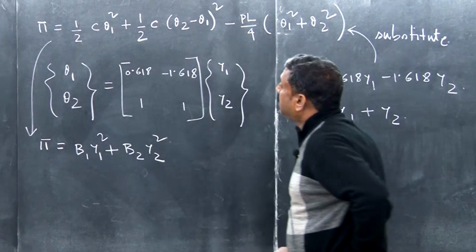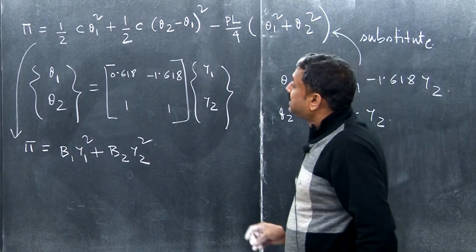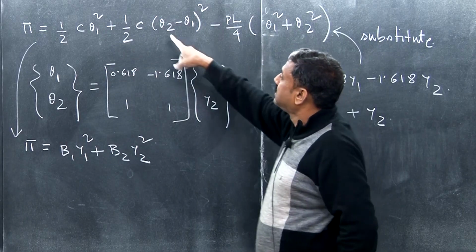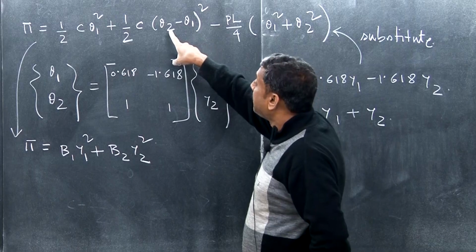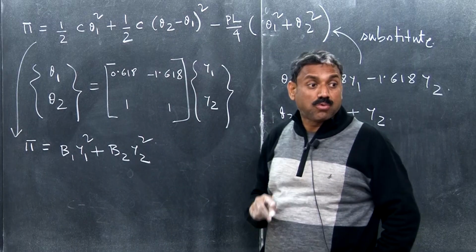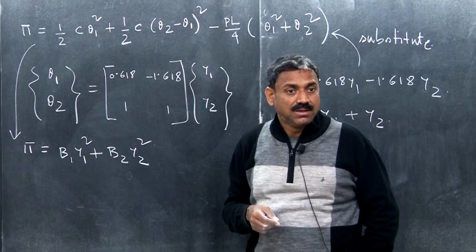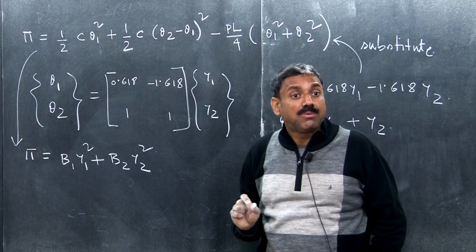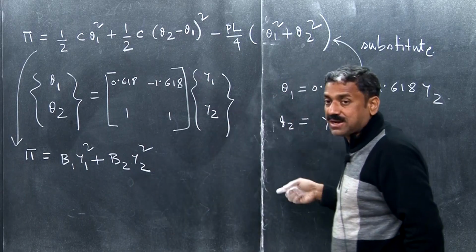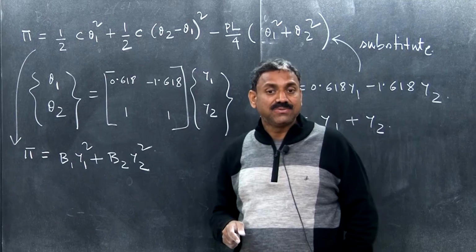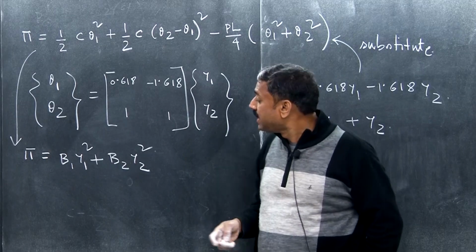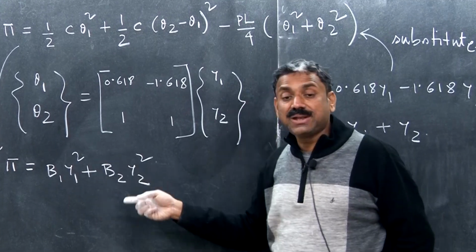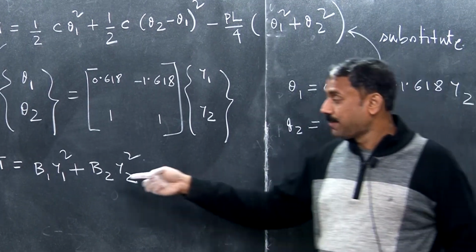Here, look, this is square, this is square, this is theta 2 square plus theta 1 square, but there was one cross term in theta 1 and theta 2, which means they are coupled. In the potential energy function, there is a coupling term between theta 1 and theta 2. But if we do this similarity transformation using the mode shape basis, using the eigenvector as the basis, your potential energy function becomes a function of the independent coordinates y1, y2, and there is no coupling term.